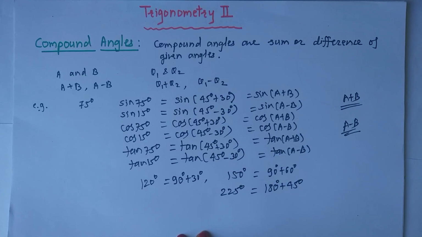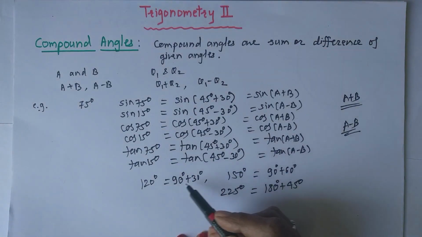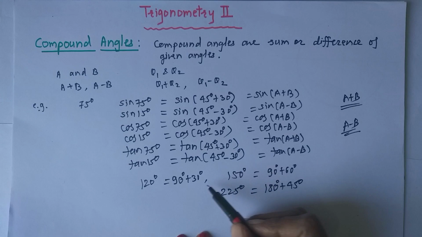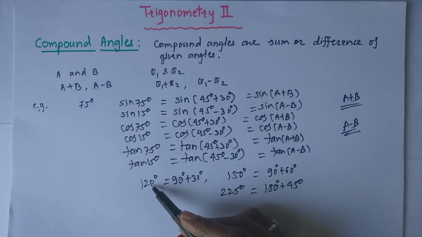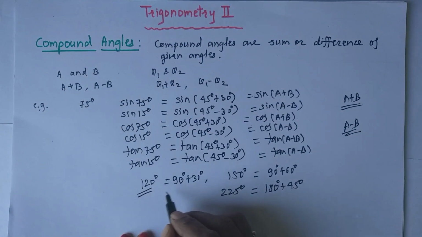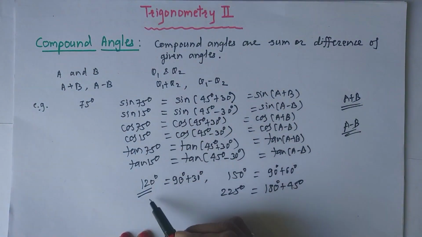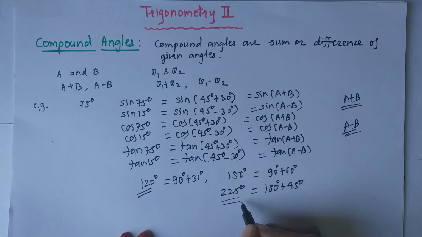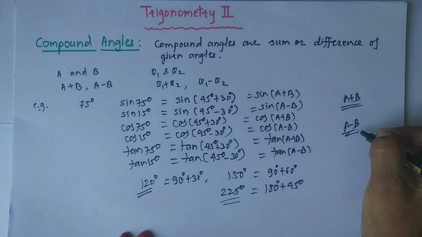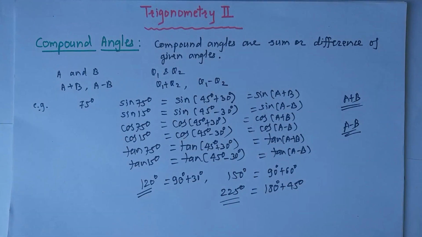Means we are dividing this angle into two angles such that their addition or subtraction gives the required angle. To find the value of 75, 15, 120, 150, 225 or like that, we need the formula for A plus B and A minus B. If you know the formula for sine, cos and tan in terms of A plus B and A minus B, then we are able to find the value of such type of angles.